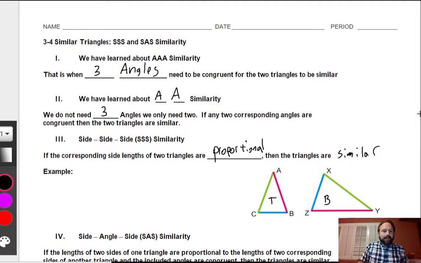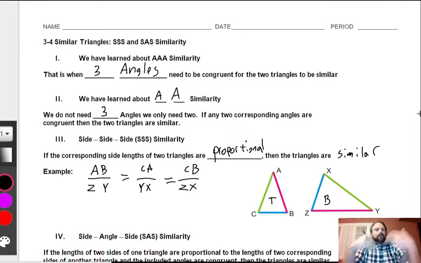So let's say AB is the largest side, the red is the largest side, over ZY is equal to CA over YX, which would be equal to the blue sides, CB over ZX. So in this situation, we have to make sure we put the large over the large, the middle over the middle, and the small over small, or it won't work out.